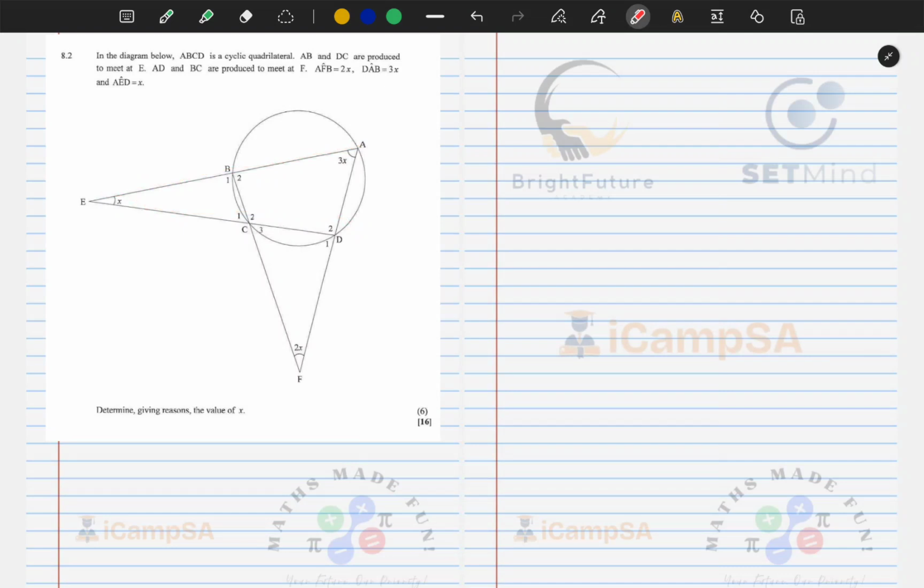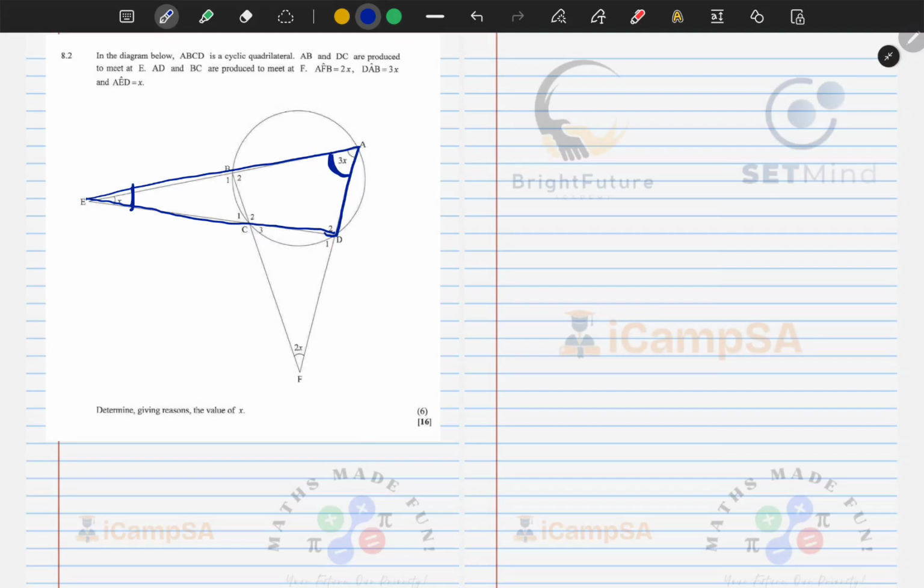We must always use what we have. So the first thing that I'm going to look at is this triangle, triangle AED. What I know is I have this angle and I also have this angle.